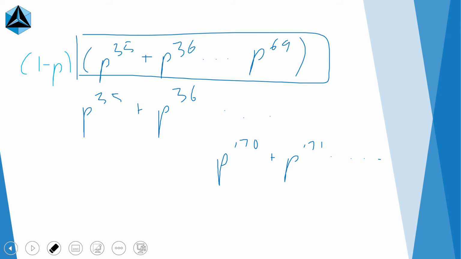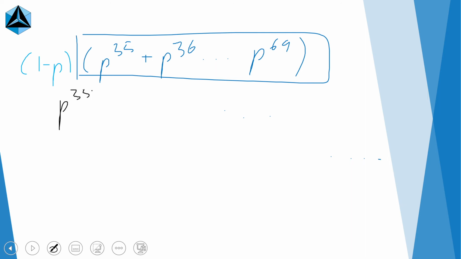So now let's evaluate these geometric series. Evaluating gives that our first geometric series, which starts at p to the 35, is p to the 35 over 1 minus p, and we want to subtract the geometric series that starts at p to the 70 over 1 minus p.